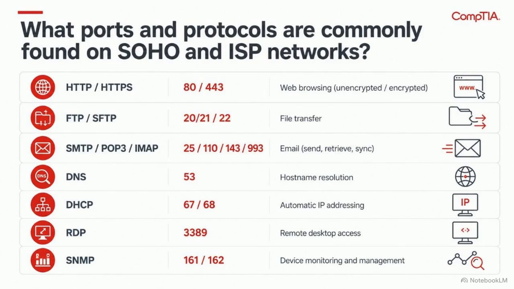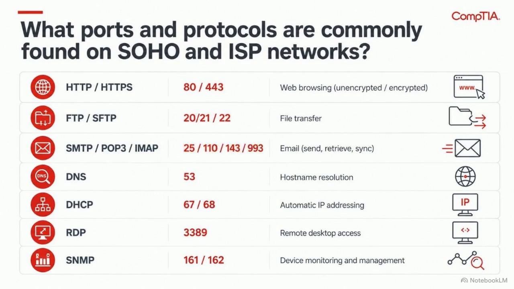Standard unencrypted web browsing is mapped to HTTP on port 80, while encrypted traffic routes through HTTPS on port 443. File transfers default to FTP on ports 20 and 21, or the secure variant, SFTP, on port 22. Email routing relies on a trifecta of ports: SMTP on 25 for sending, and POP3 on 110 or IMAP on 143 and 993 for retrieving messages.